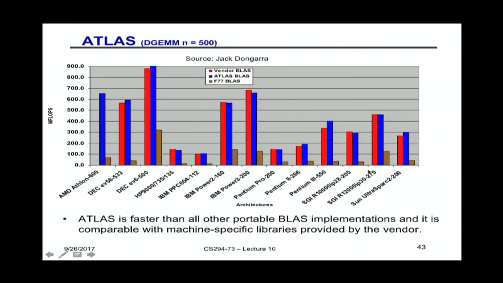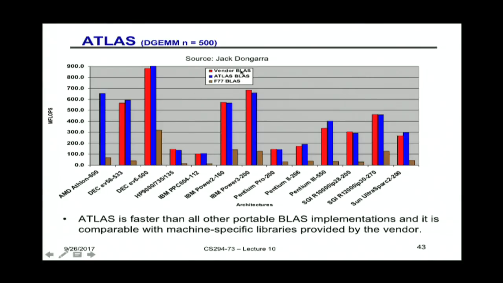Okay, so this one is ATLAS, a free BLAS library with the auto-tuning technique in it. This comparison is across different machines on the x-axis, and the vertical axis is the megaflop rate of 3 BLAS libraries.